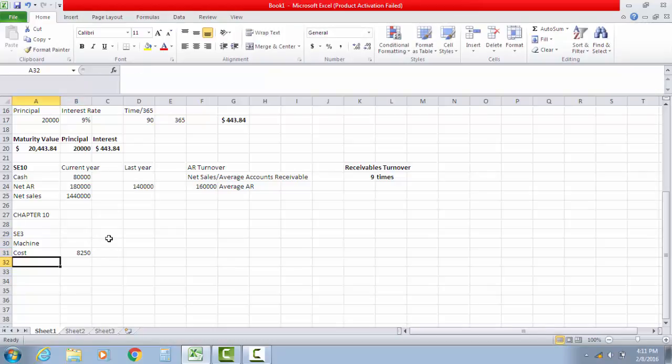So cost minus the residual value, minus the 750. So the depreciable asset is the 7,500. It has a life of 4 years.